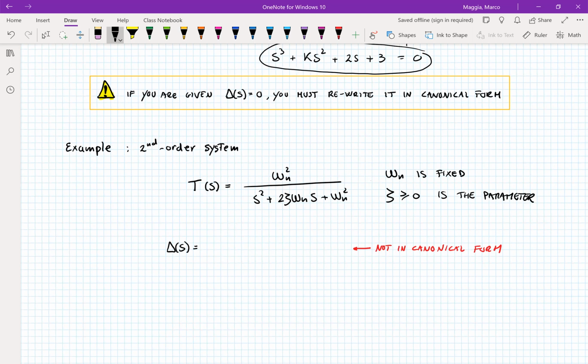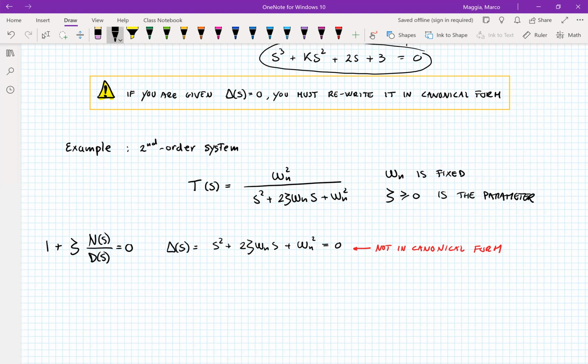So we want to find all the possible locations of the poles of T of S as we change the values for zeta. So we have to, in other words, solve the characteristic equation as zeta changes. The characteristic equation is the following. And as you can clearly see, this is not in canonical form. We need something like this, 1 plus zeta times a numerator divided by a denominator equals 0. In this case, what I called K earlier is our zeta.